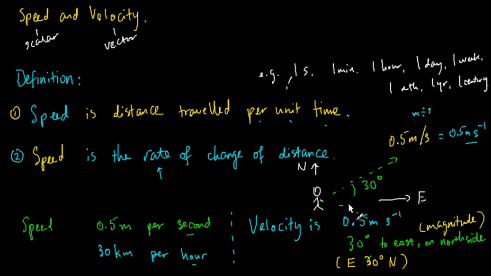Another way to do it is that you might decide to use the other notation. There is another notation that students often learn at this level, which is the notation for bearing, in which we measure angles from the north. So if it is 30 degrees from the east, then it would be 60 degrees from the north.